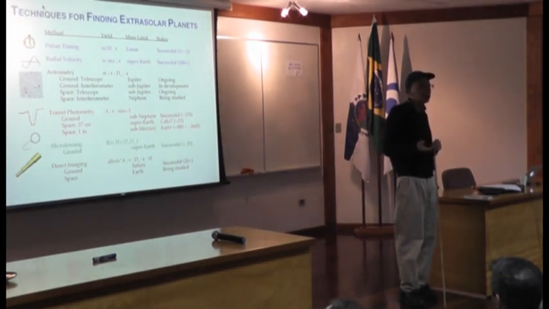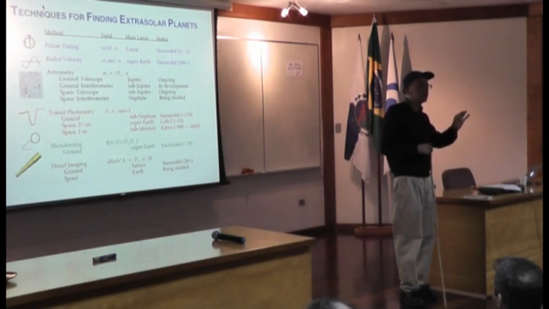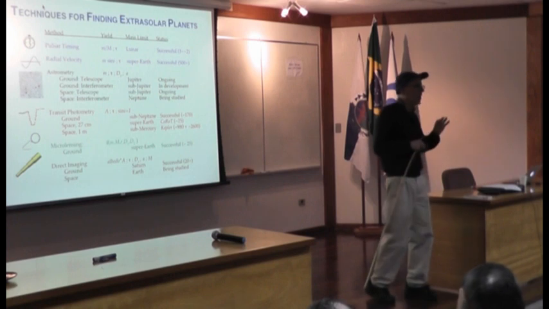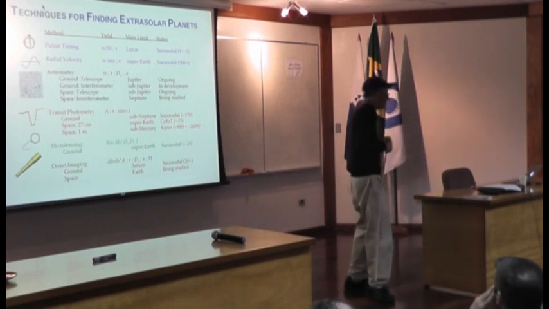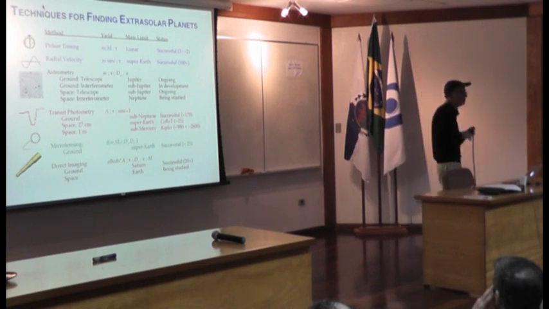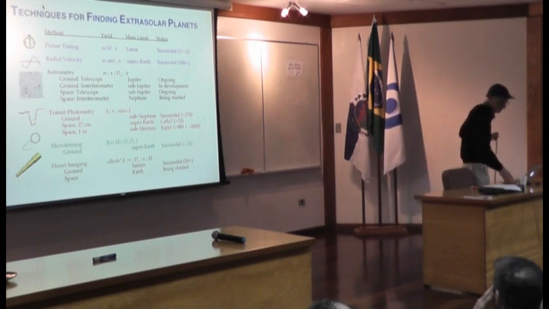They're both starting up this year, and we should see a lot more images because they have much better resolution. They're very good at removing the background light and blocking off the light of the star. Because the planets, even these bright planets, are still about one millionth the brightness of the star. That's better than Earth, which is one billionth the brightness.